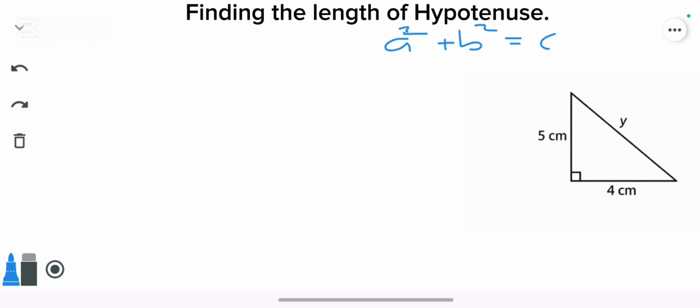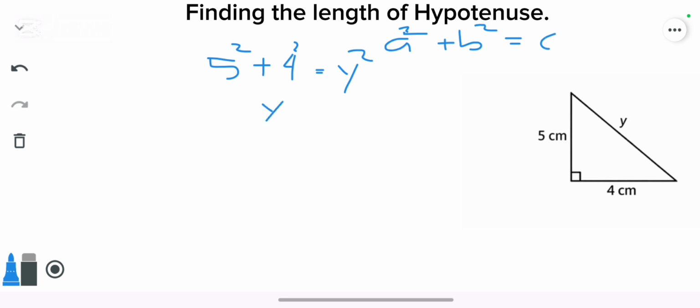We are going to substitute this into the given formula here. So we have 5 squared plus 4 squared is equal to y squared.